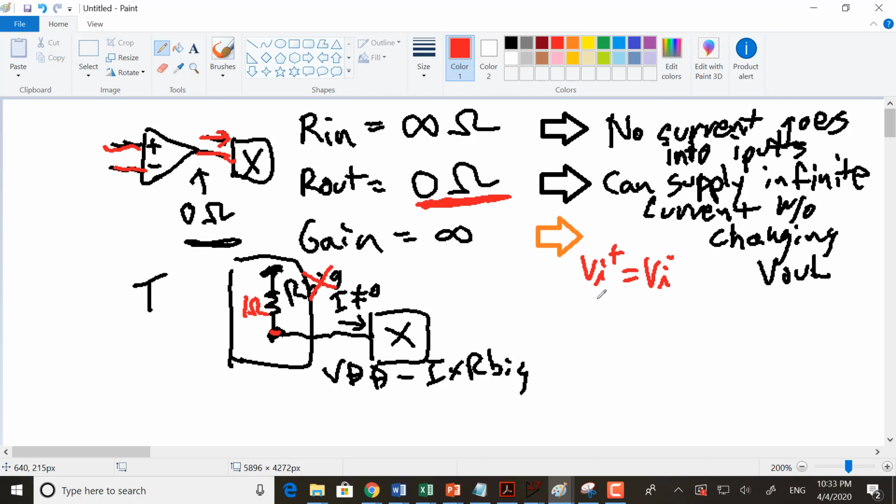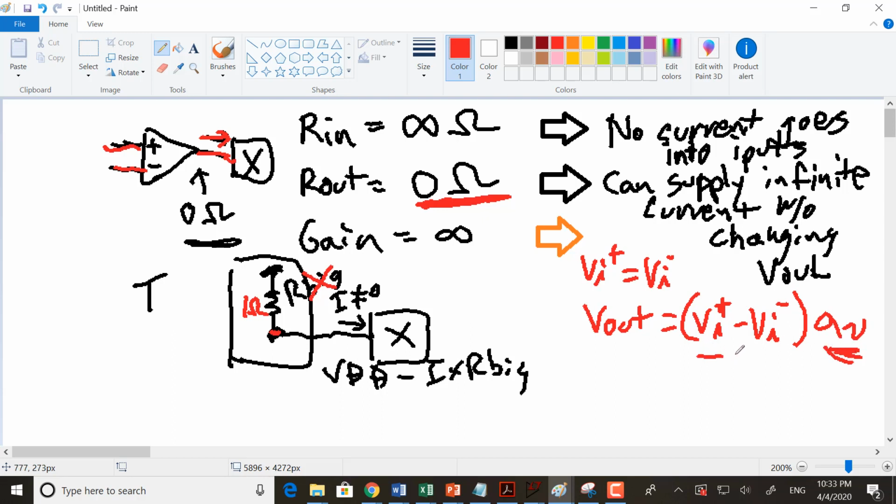The Vout of your op-amp equals your Vi+ minus your Vi- times the gain of your amplifier. You can see that if the gain is infinite, any difference between these two will shoot Vout up to infinity or down to minus infinity, and then the math doesn't work.